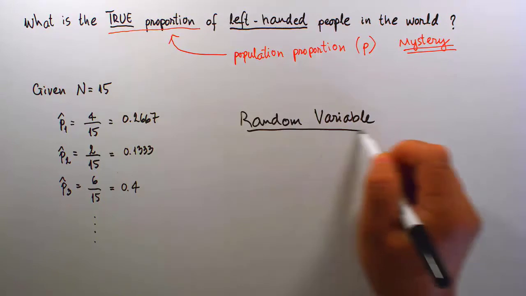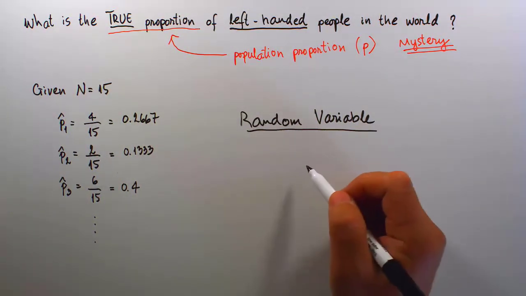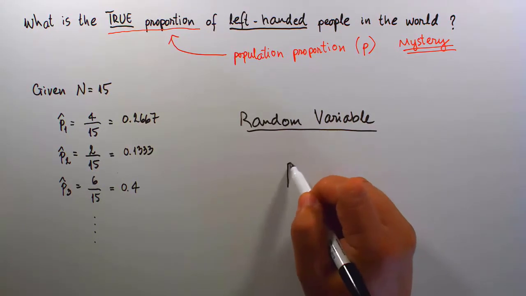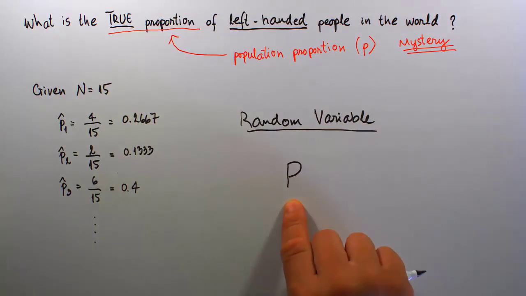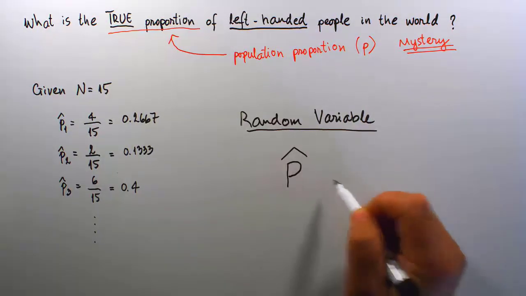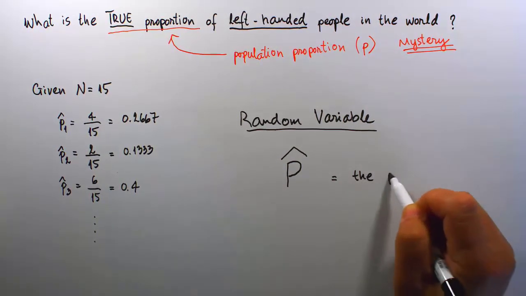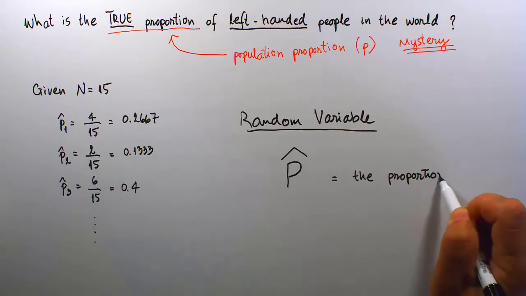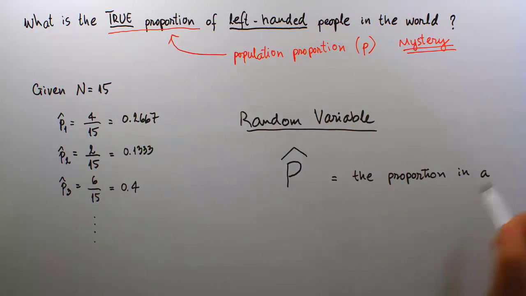So as the random variable to represent sample proportion, being a sample proportion generally is a p hat, but here being a random variable, I'm now going to start using a capital P hat. So a capital P hat is to represent the proportion in a sample.